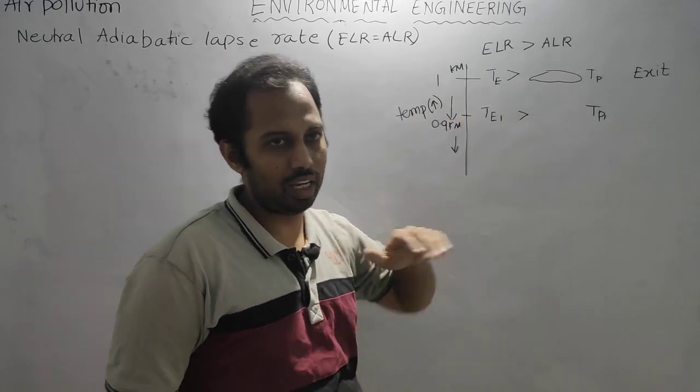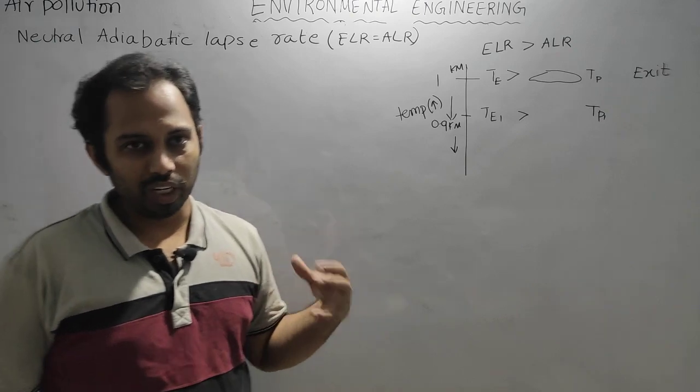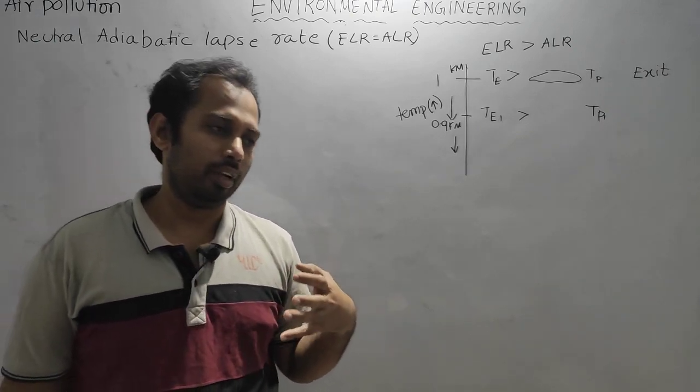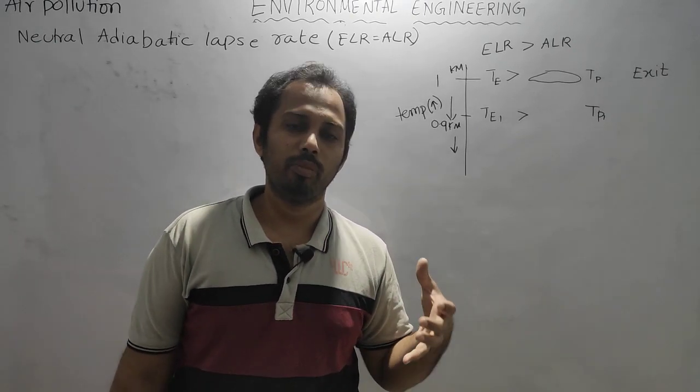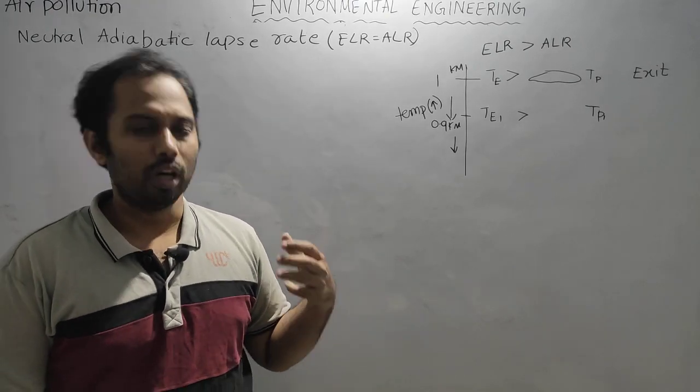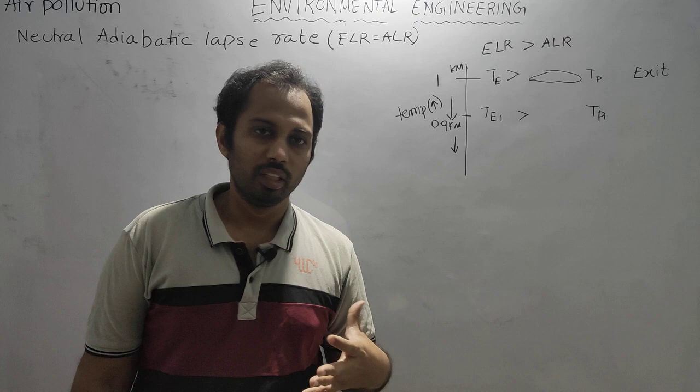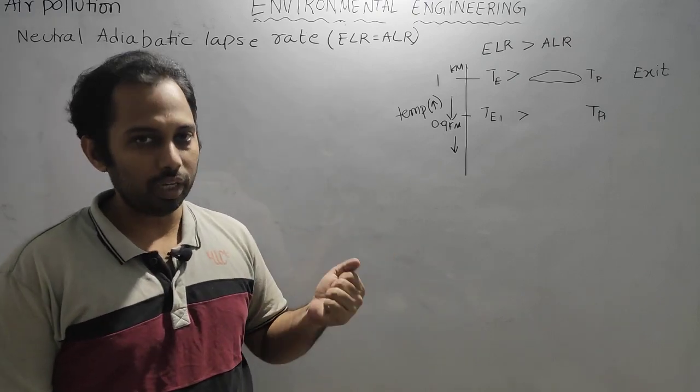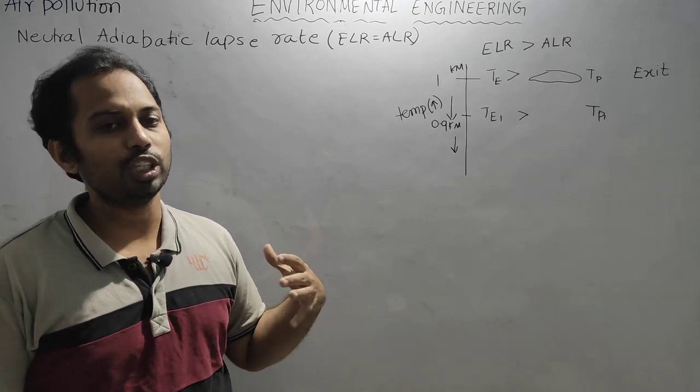But in reality, always due to the reactions and all, the pollutant smoke that comes out of these chimneys is always warmer than the natural environment. But this is also a condition which is possible.